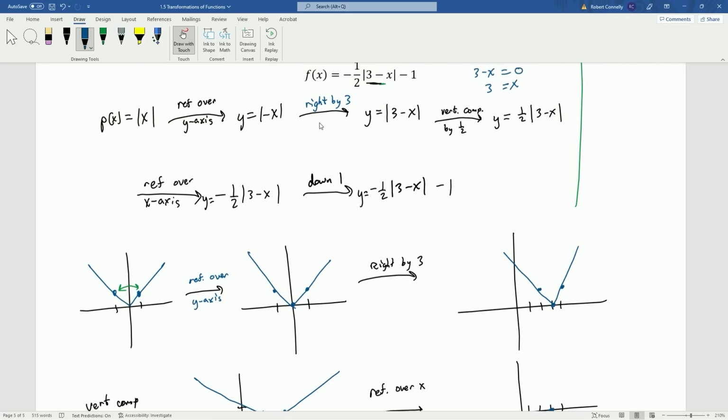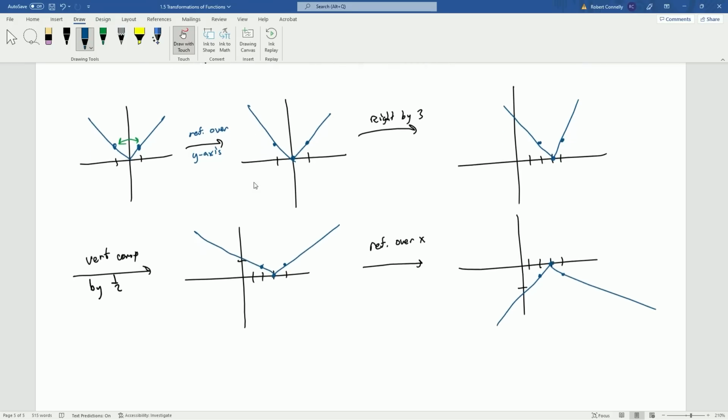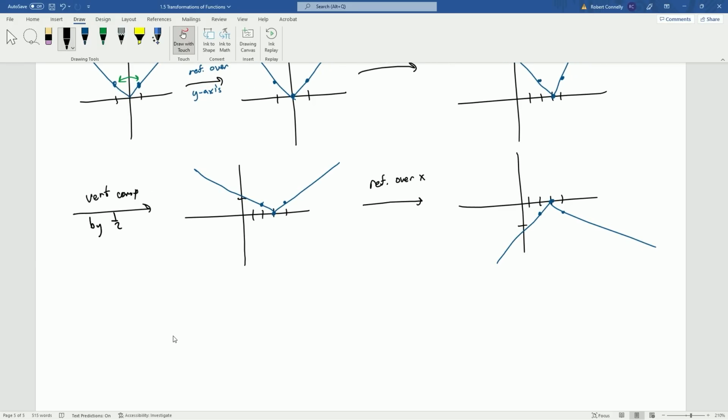And finally, we want to shift down by 1. So we'll just take every point and move them down 1, and we're done.